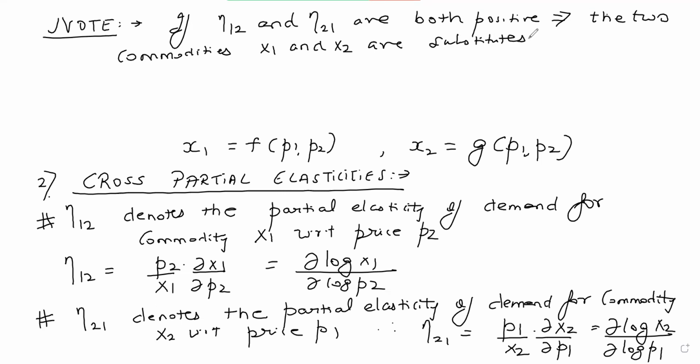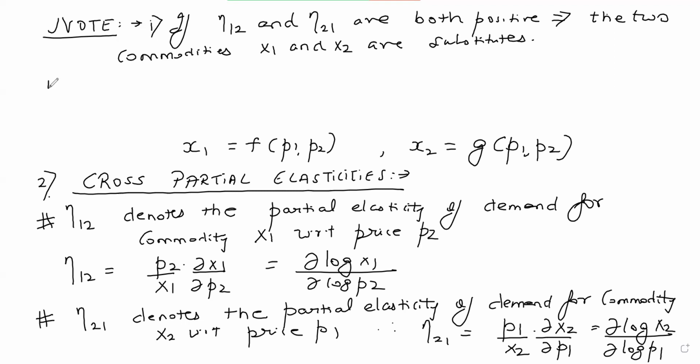Why? Because if the cross partial elasticities are positive, it means an increase in the price of commodity 2 is increasing the demand for commodity 1. This happens only when the two goods are substitutes. Suppose tea and coffee; we all know tea and coffee are substitutes. When the price of coffee goes up, demand for tea will go up. So we would expect the cross price elasticity to have a positive sign in case of substitutes.